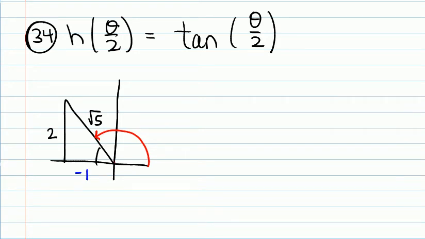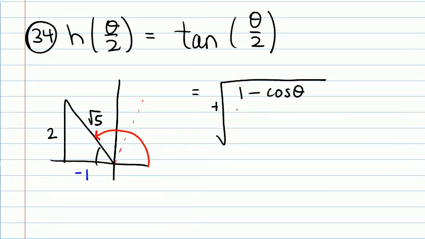So this will be a positive answer. So we need the positive square root of 1 minus the cosine of theta over 1 plus the cosine of theta. Again, it was a choice, positive or negative, and we are going to go with the positive answer.